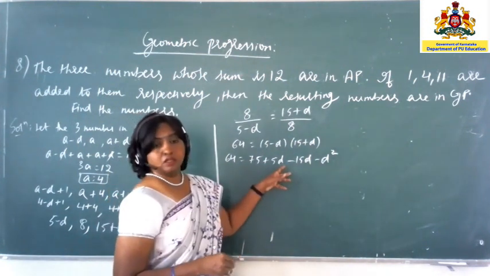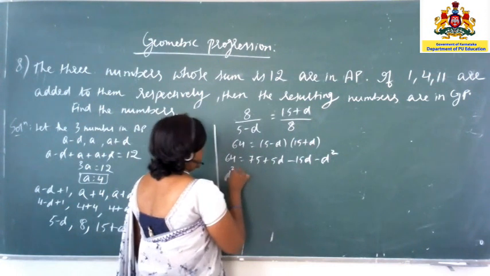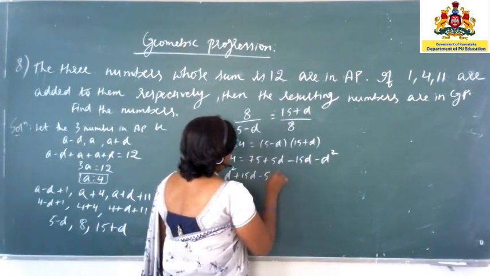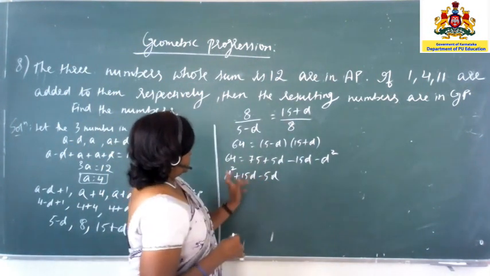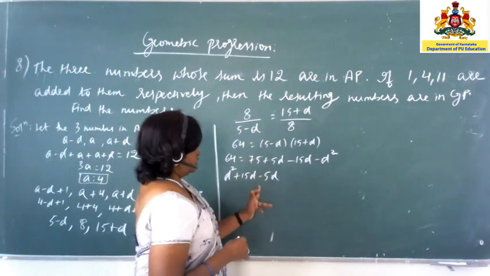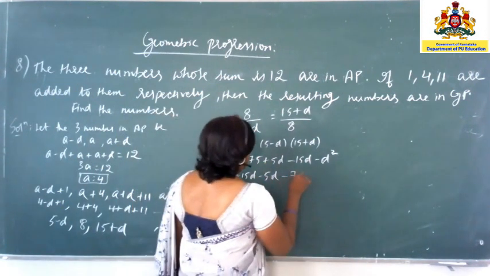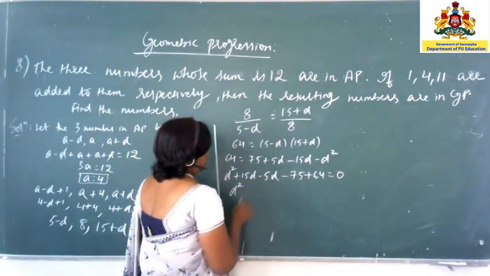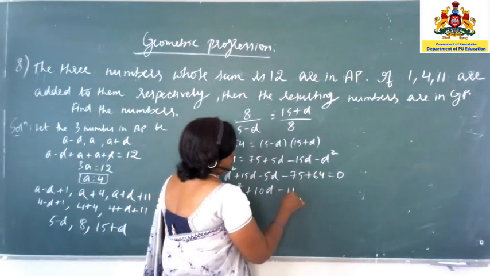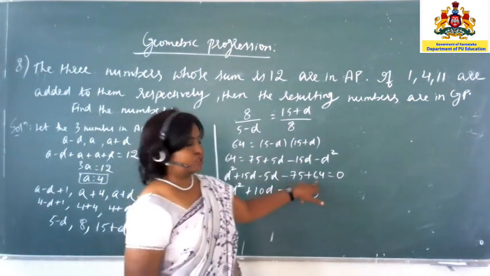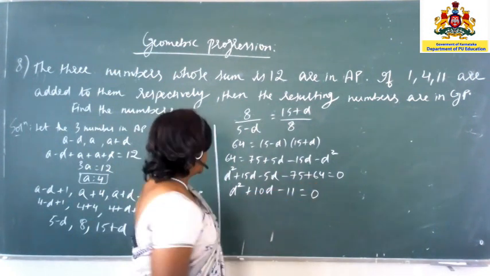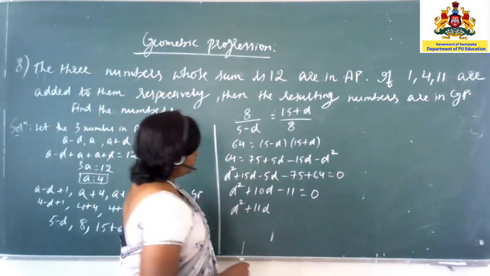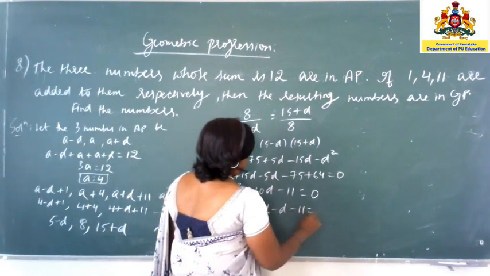So I'll bring these terms to LHS. So d square plus 15d minus 5d, minus 75 plus 64 is equal to 0. So d square plus 10d minus 11 is equal to 0. So d square plus 11d minus d minus 11 is equal to 0.